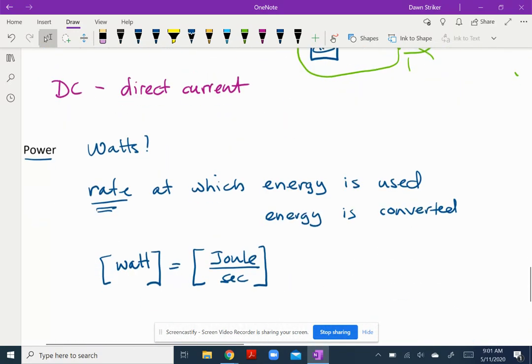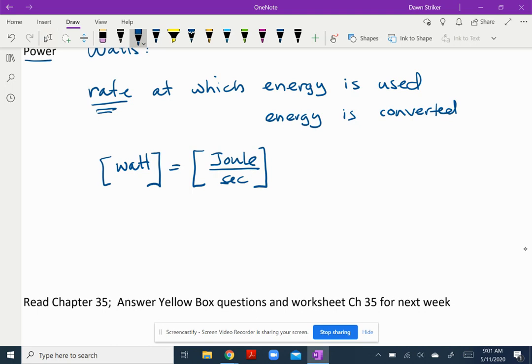Well, if I take a volt and I multiply it by how much current flows, I end up getting, so this is a joule per coulomb, and this is a coulomb per second, a joule per second, which is a watt.